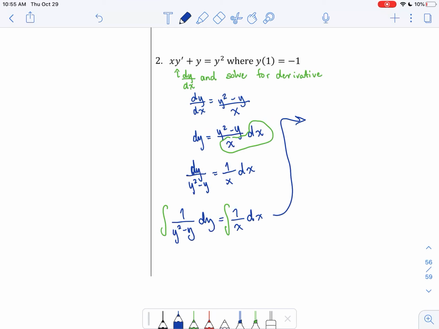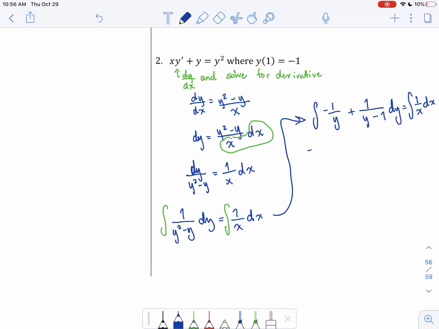But what you do end up with is that 1 over y squared minus y as a fraction can be rewritten as negative 1 over y plus 1 over y minus 1 dy, and that's equal to the integral of 1 over x dx. And if you just want to check this out, you can do some good algebra there if you're interested in looking at that, or you can trust me, depending on how you feel about that.